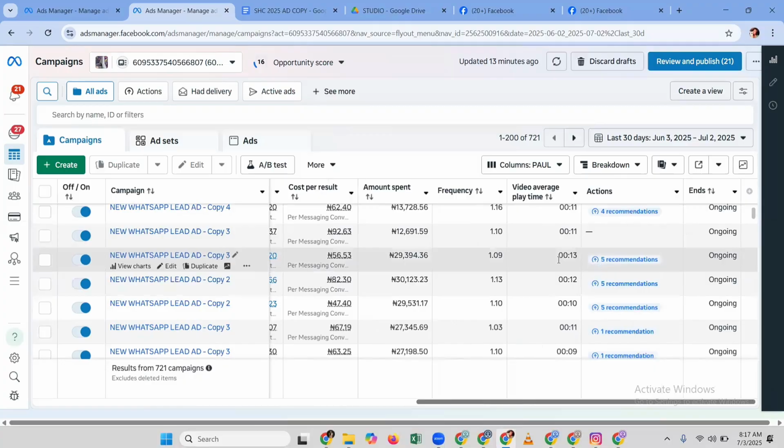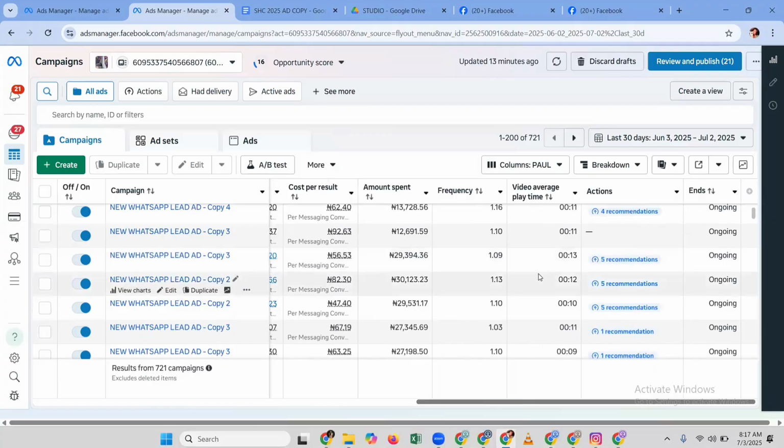Okay, so I look at other things, maybe cost per 1,000 impressions, which means how much Facebook is charging me per impression. You know that Facebook charges per impression. What I mean is this: once Facebook shows your advert on somebody's news feed, your money is going. It does not matter whether the person clicks on the ad, whether the person likes the ad, whether the person watches it. This does not matter.